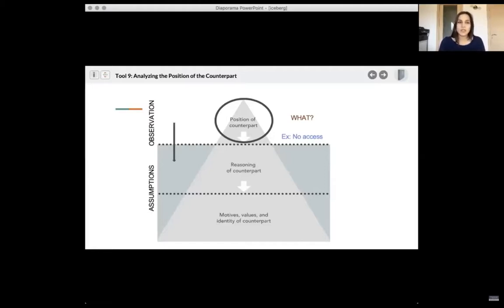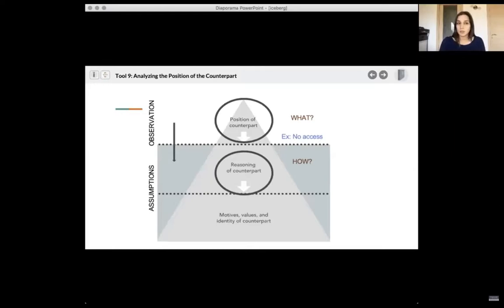So moving to the second level of the iceberg, we will look at the reasoning of the counterpart. This is where we ask ourselves the question, how did the counterpart come to a certain decision? How did he come to his position? We are trying to understand the logic behind the decision made by the counterparts, the thinking behind it.